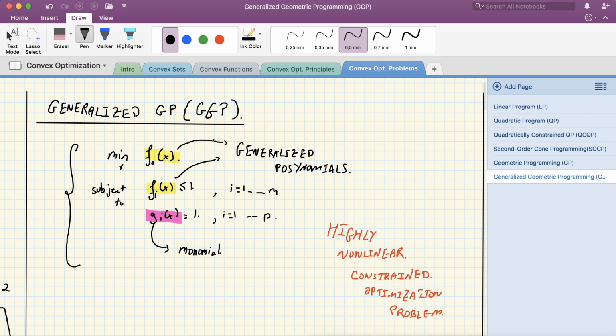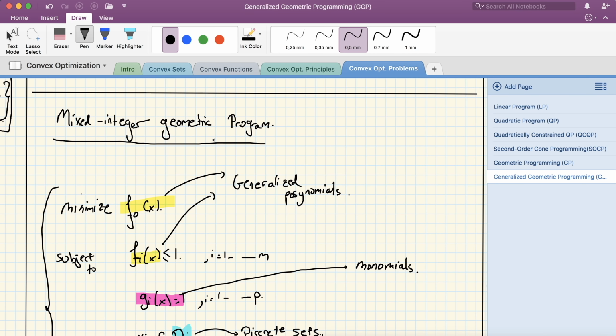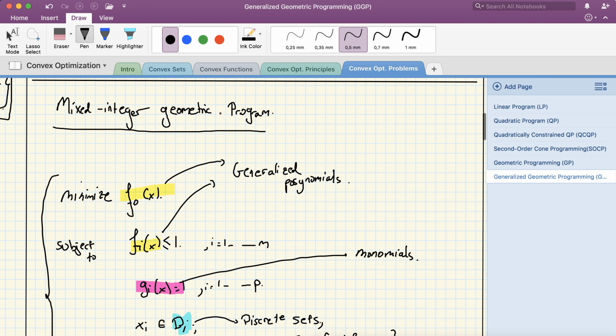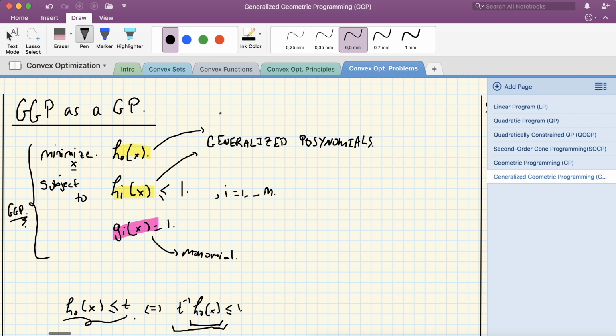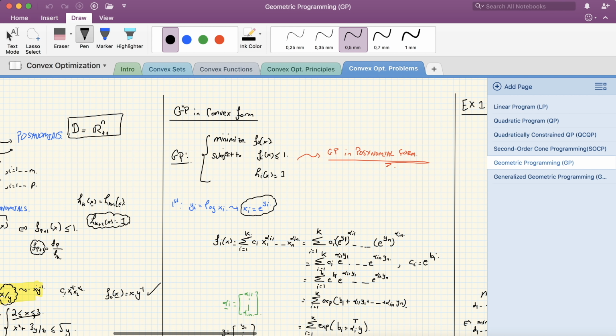Next off, we're going to see how a GGP is formulated and another instance of an optimization program called mixed integer geometric program. Next, we're going to see how to formulate a GGP as a GP, and thus it could be seen as a convex program. That is to say, we can use the change of variable we used in the previous lecture to convert a GP to a convex form.